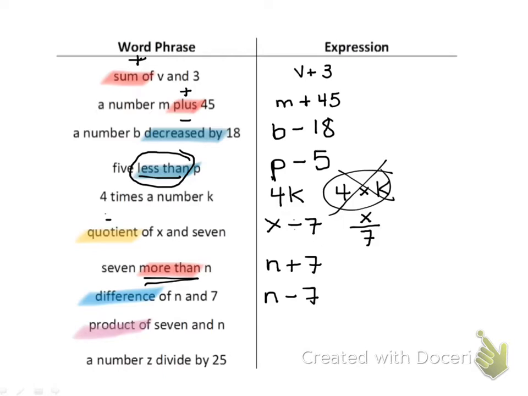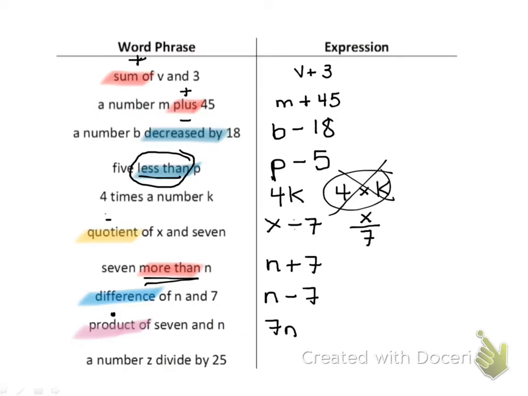Well, product means times. Except I'm not going to use the x. I'm going to use a little dot for that. So we have 7 and n. So you could write this as 7n.